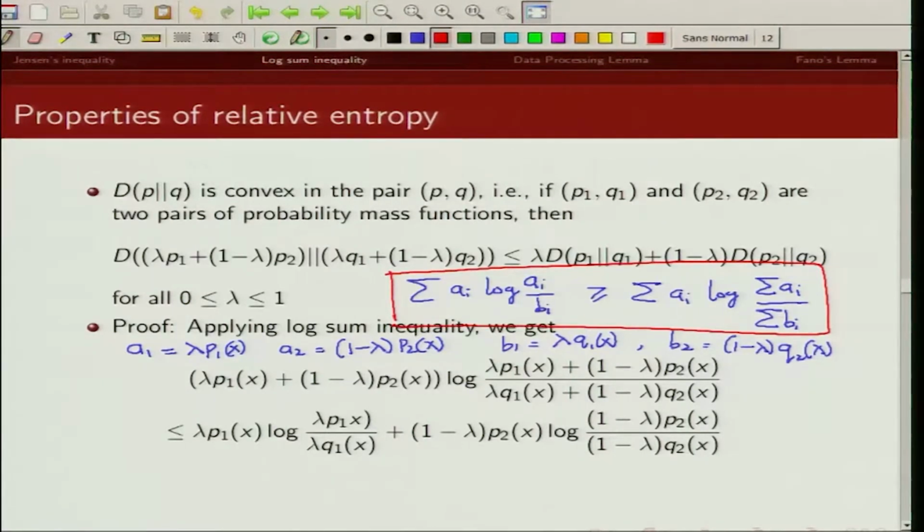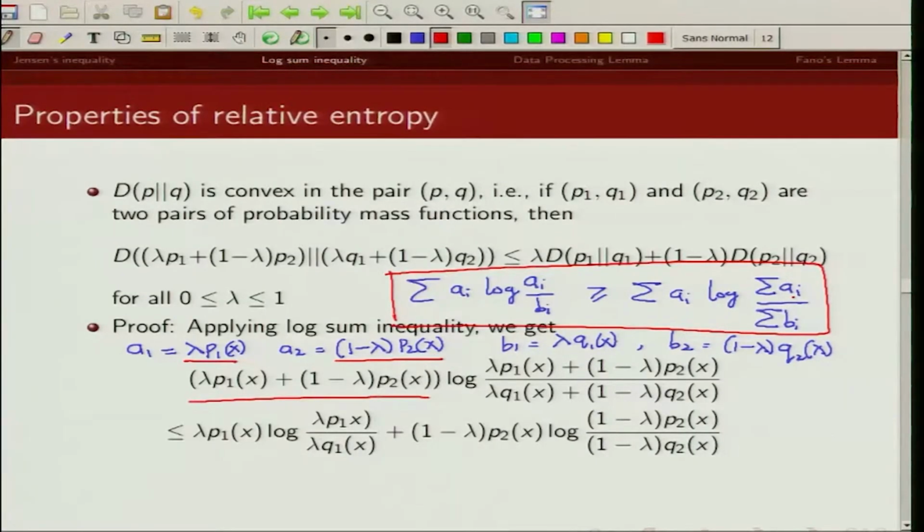Then according to the log sum inequality, the summation of a_i log of the summation of a_i by the summation of b_i is less than or equal to the summation of a_i log of a_i by b_i. So, what is the summation of a_i? This is this plus this. So, this is this quantity.